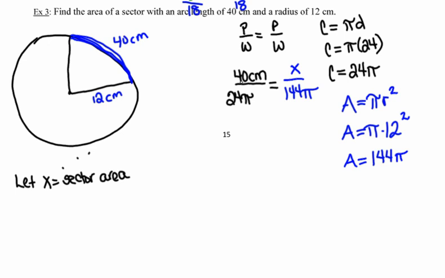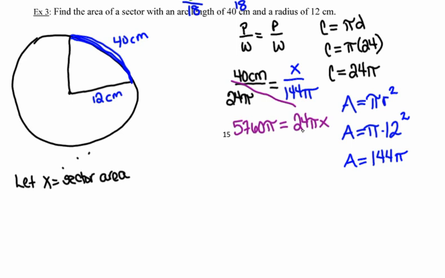I'm going to type into my calculator 40 times 144. So when I do the 40 times 144 going in that direction, I end up with 5,760 times pi is equal to, in the other direction, 24 times pi times x.